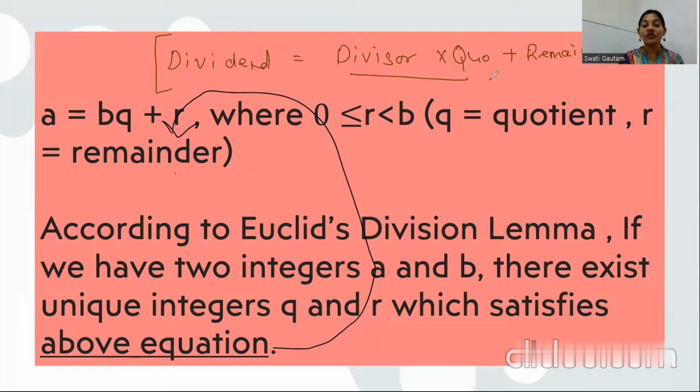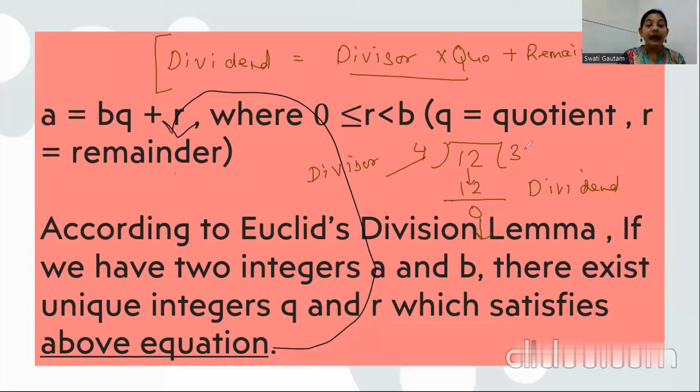Whenever you are dividing something by a number, the number which you are dividing is called the dividend. So 12 is the dividend, the number through which you are dividing is the divisor, 4 times 3 is 12 and the remainder is 0. The remainder depends on whether it is 0 or something else, and the answer is the quotient.